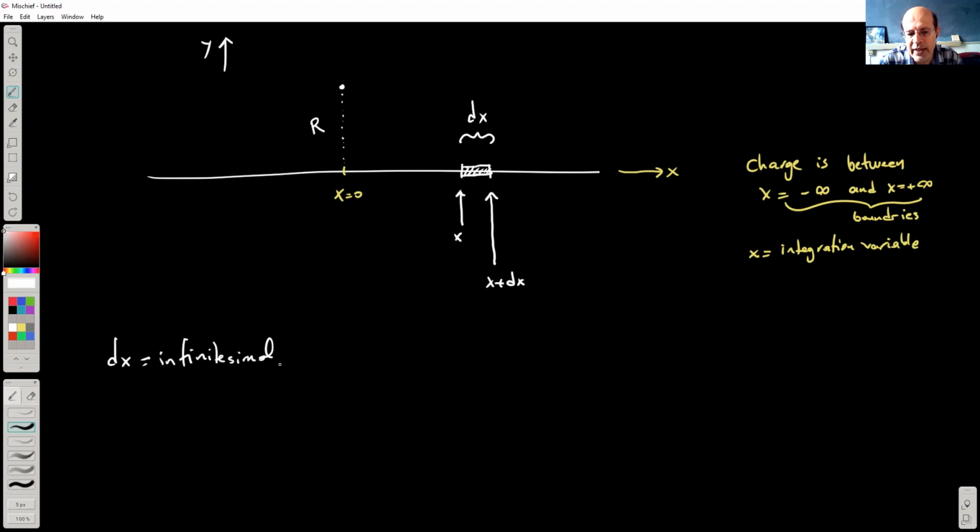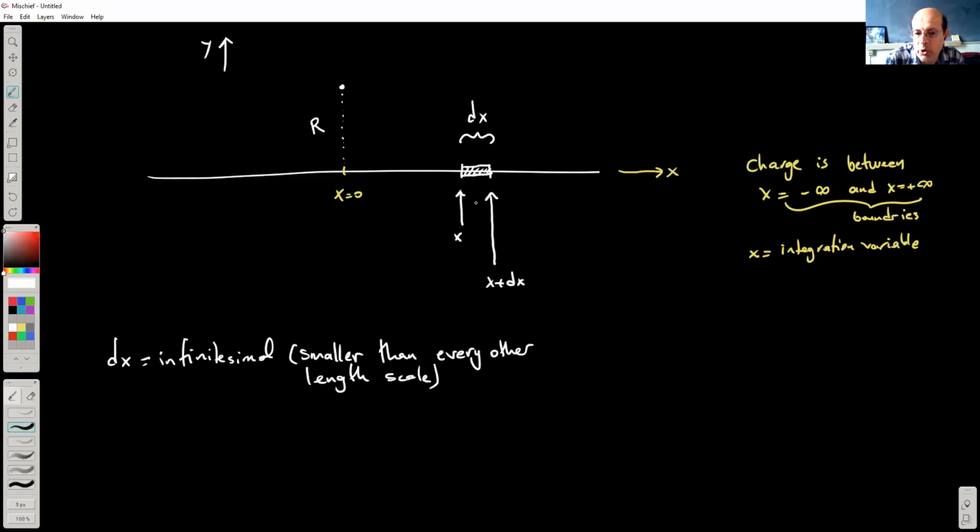If you want to think about what this means in physical terms, this is smaller than every other length scale in the problem, right?